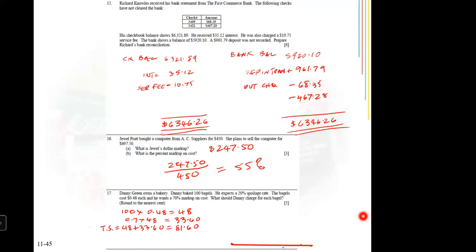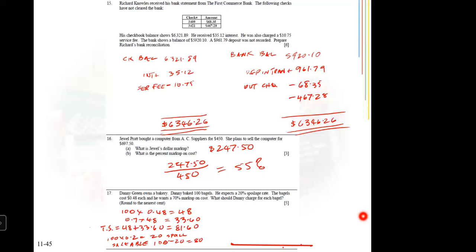But you can't sell all because you expect 20% to spoil. So you say 100 times 0.2 equals 20. So 20 will spoil. So the saleable amount would be 100 minus 20, which is equal to 80.